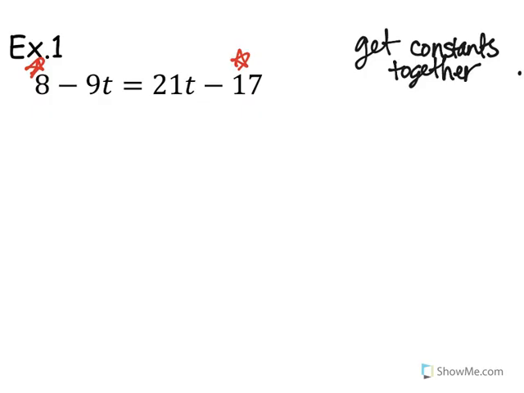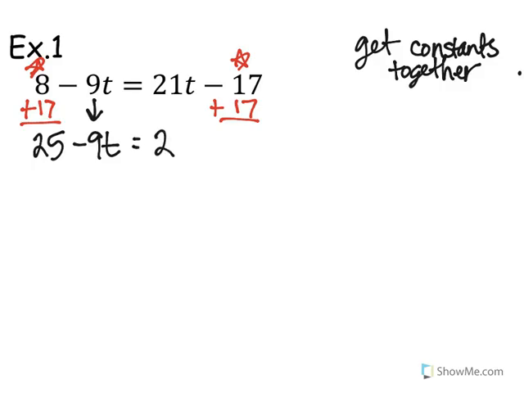How do I move the 17 to get it with the 8? Add 17. Go ahead and do that to both sides. Eight plus 17 is 25. The negative 9t is just going to stay. Curve the bottom of your t's so they look like t's, not plus signs.